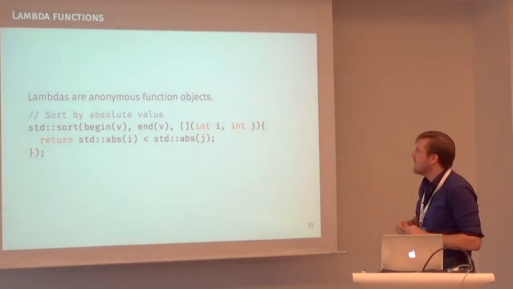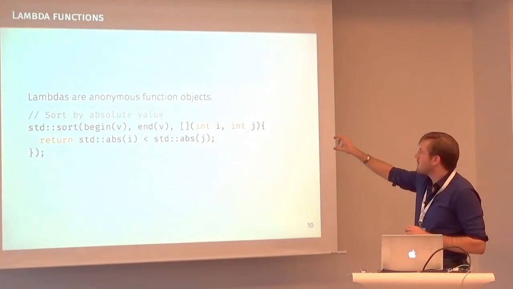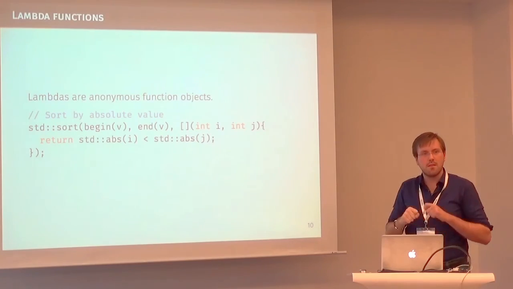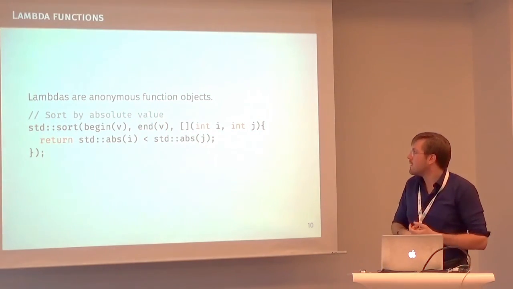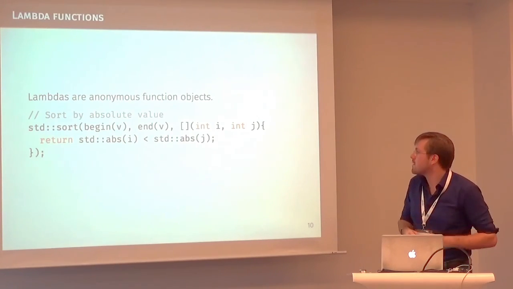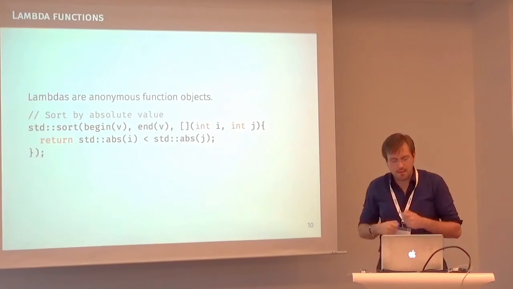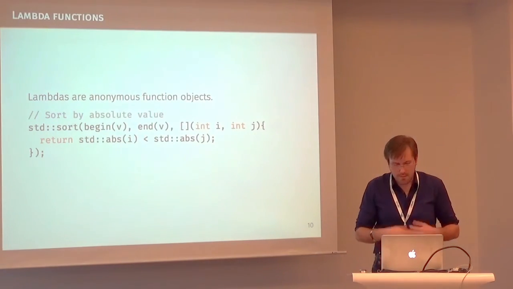Because this is a template function that takes as input an object. This object will overload the operator for the function call, and all of this is completely forgotten in the compiled code.